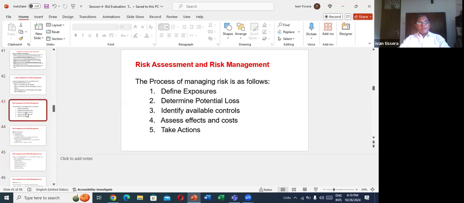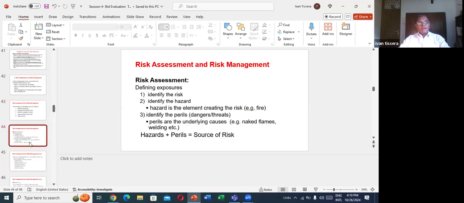Risk assessment. Define exposures. Under define exposures, identify the risk. You must identify what type of risk will be there. Identify the hazard. Hazard is the element creating the risk.